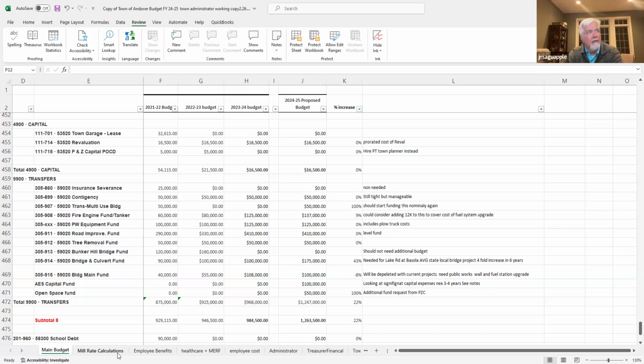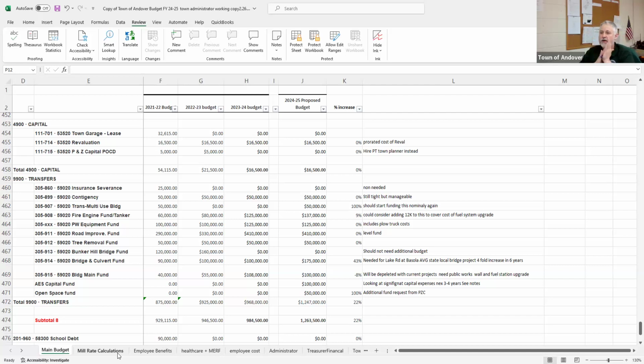Because as a board, we've done a fairly good job of trying to put money away for the projects. We put money away for every one of the projects that we had there. And the money in one of those funds, Eric, is also because we had started putting money away for Bunker Hill, and Bunker Hill is getting 100% paid for. Correct. It's in the culvert fund. So at some point, in about 4 years or so, we're going to be able to return a significant amount of money back to the unexpended fund balance.